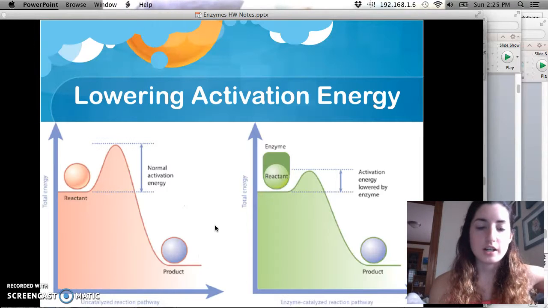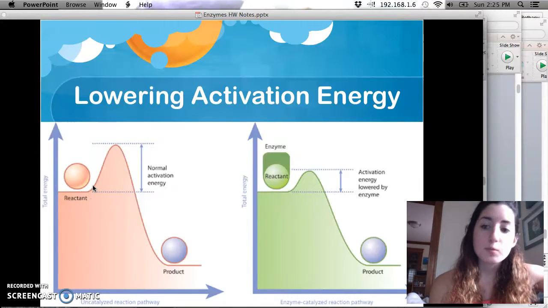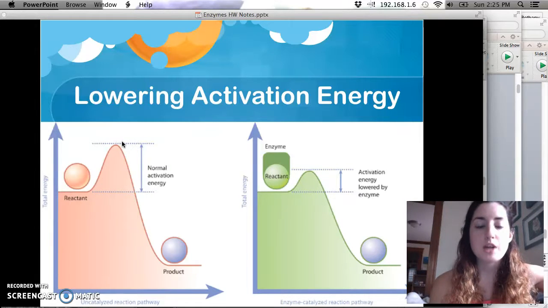Here's a way to visualize it. So if you have a ball that you're trying to roll to the end of the hill, the ball is your reactant, what you start with, and normally in the body, if there were no enzymes, it would take this much energy. If you're following my cursor, you would have to go all the way up to the top of the hill and roll all the way down to get to the product.